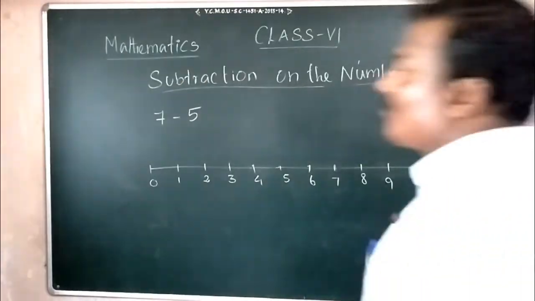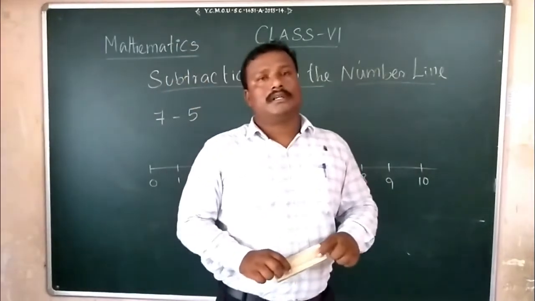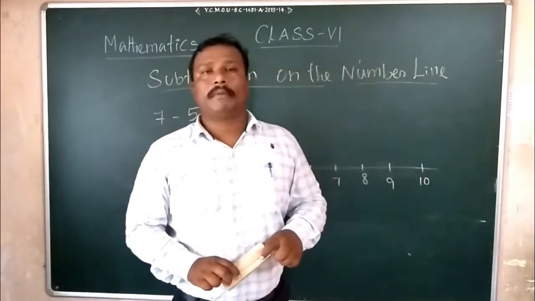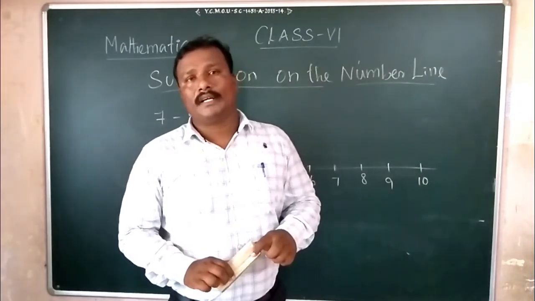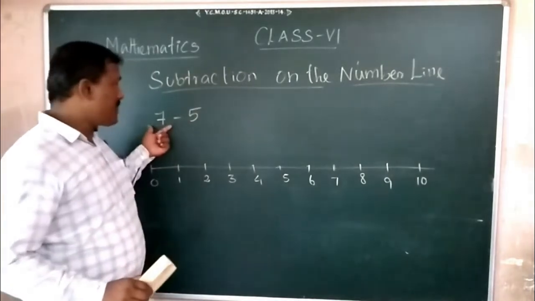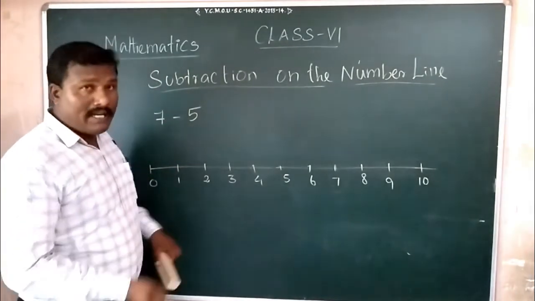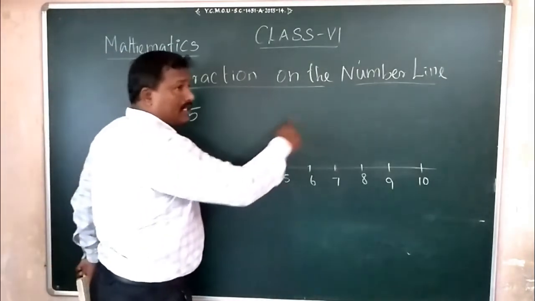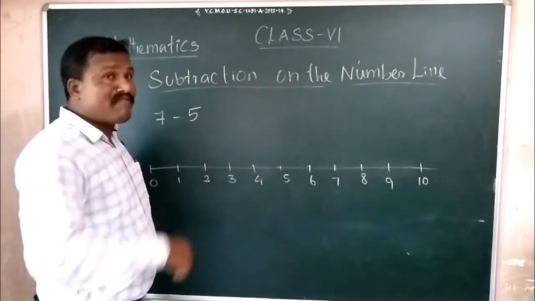Okay students, now let me talk about how to subtract a number using the number line. I want to subtract 5 from 7. I told you, when you add, you jump on the right side. Now when you subtract, you have to jump to the left side.